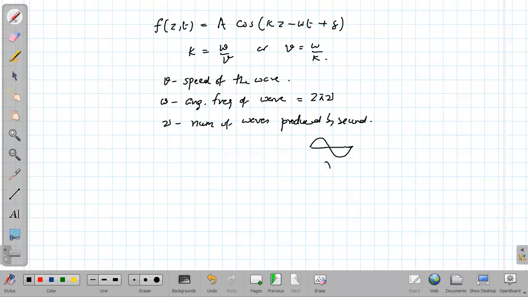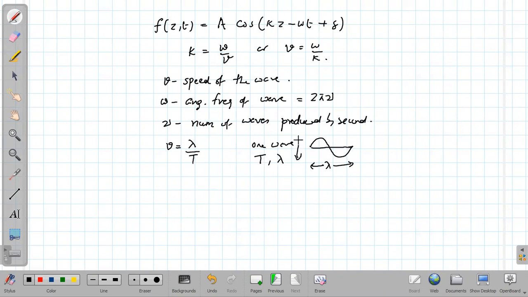So the length of the wave we can denote by the symbol lambda. So therefore, the speed of the wave, I can say, is lambda by T, because in order to produce one wave, we require T time. So in T time, it advances lambda length.